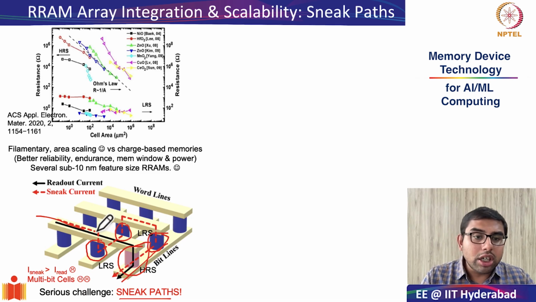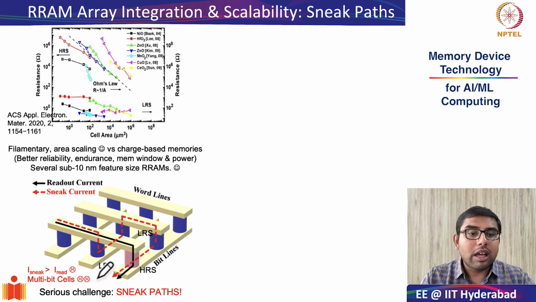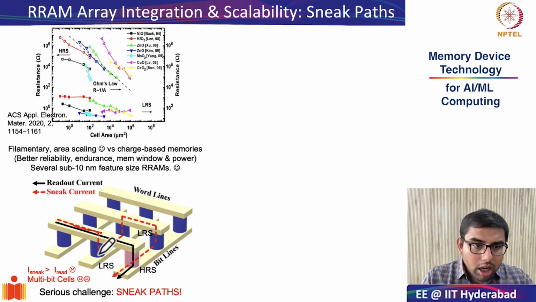In addition to the intended readout current, which is shown in black color, there will also be an unintended sneak current which will flow through the top word line, enter through the low resistance state into the bottom electrode, then travel back to the top electrode through the second cell which is in low resistance state, and then find its way into the bottom electrode.